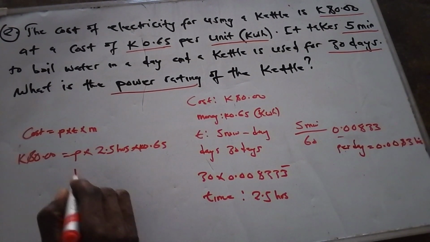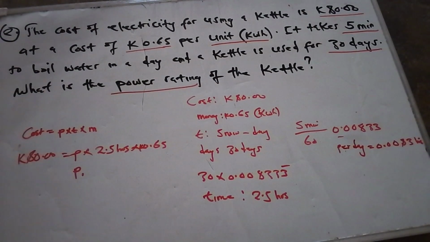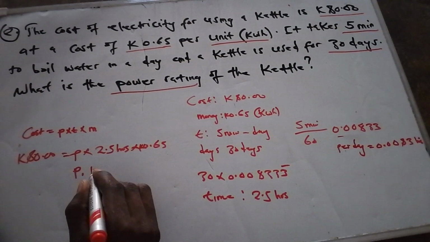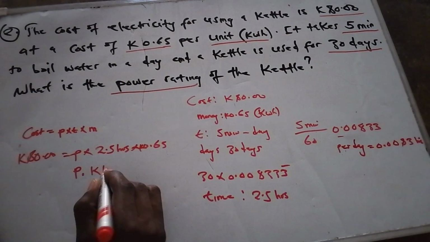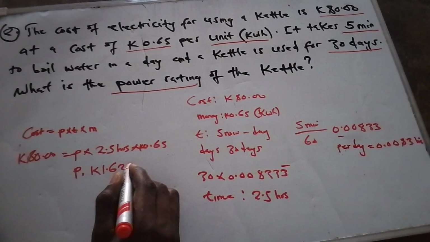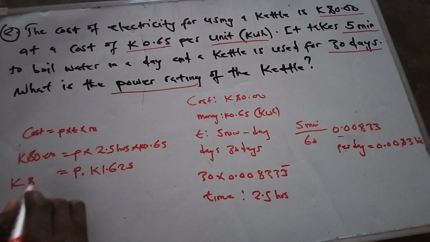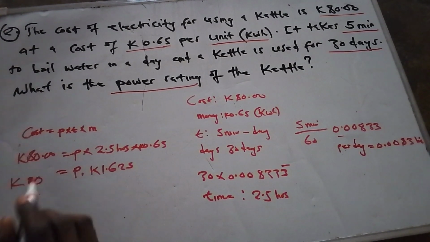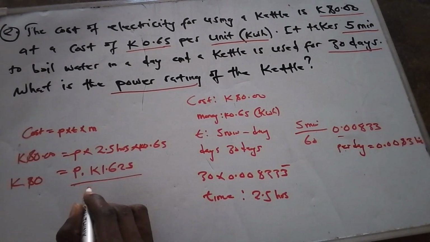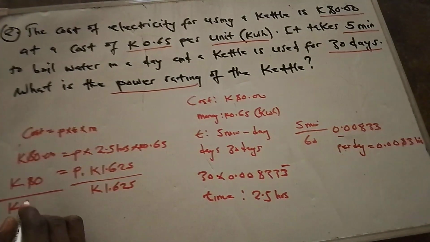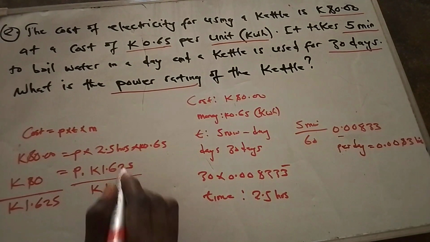So we'll say P times 2.5 times 0.65. If you multiply 2.5 by 0.65, we're getting 1.625, which is equivalent to 80 kwacha. So we divide both sides by 1.625, then you cancel.